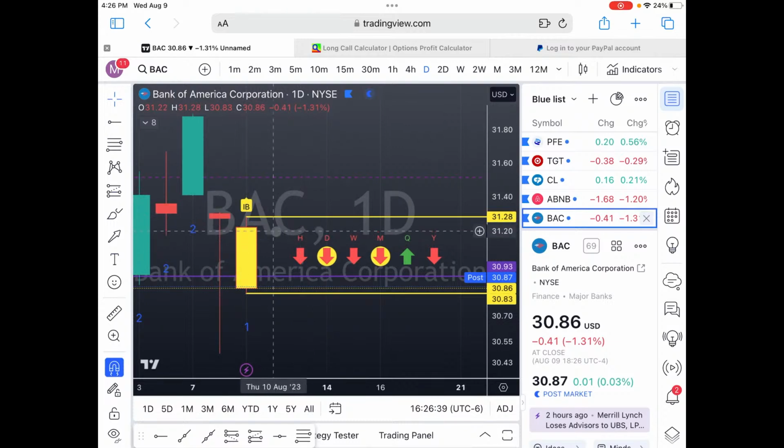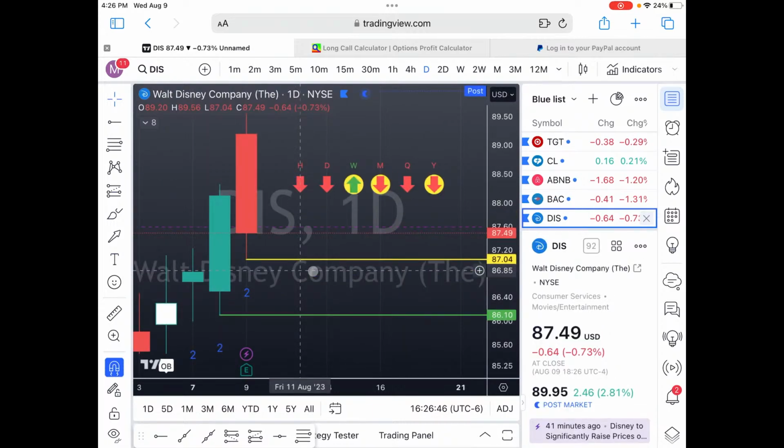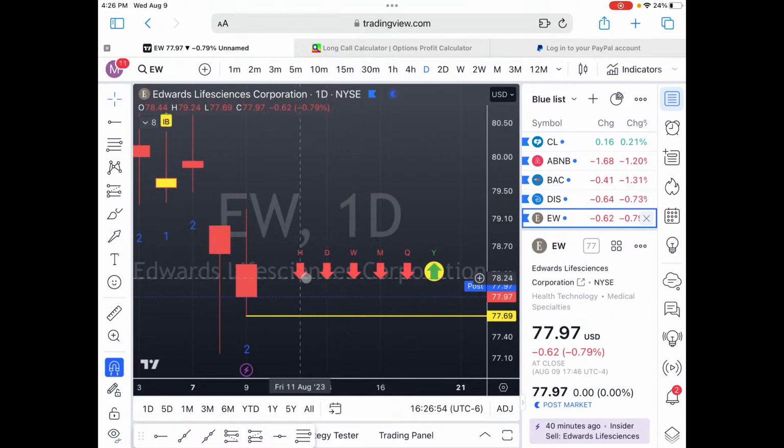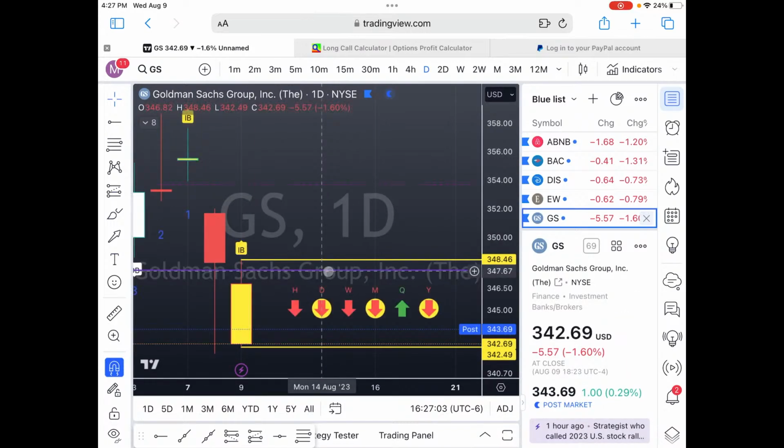But back to the list, BAC, Bank of America, inside bar, calls at 31.28, puts at 30.83. Disney, big red candle here, so 2 up red. We'll look for puts at 87.04 on Disney. Time frame to the downside is good there. Close to a shooter candle here on EW, time frame to the downside. So we can look for puts there at 77.69.